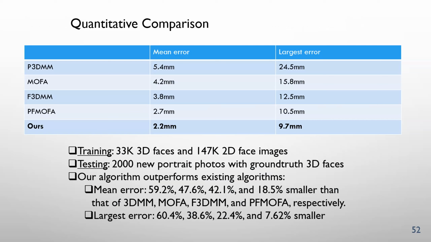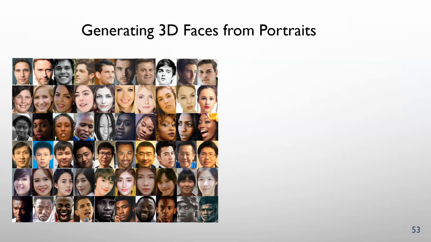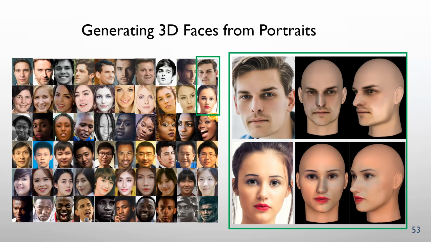You can also see that our method produces faces with smaller reconstruction errors. Okay. So with this system, we can now do facial reconstruction from a portrait image. Given any photo we found online, we'll be able to reconstruct its corresponding 3D face geometry like this.